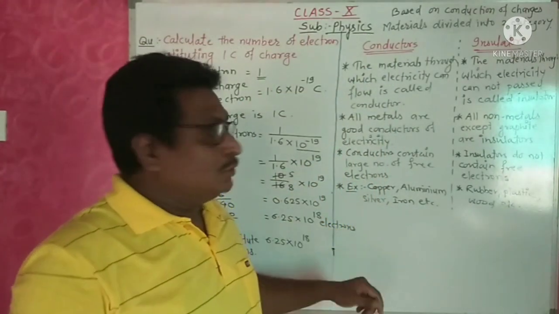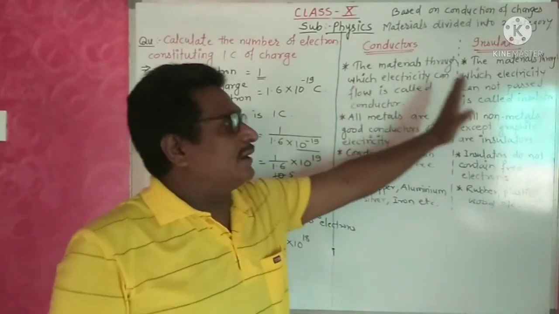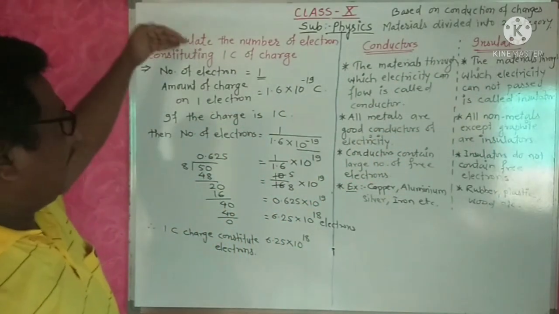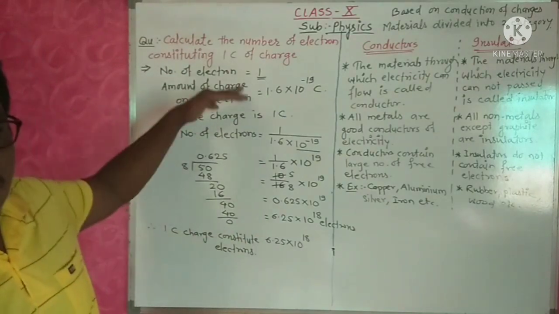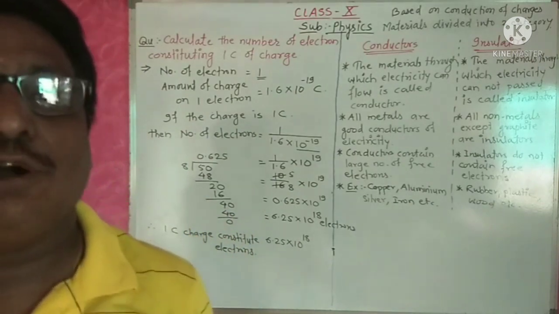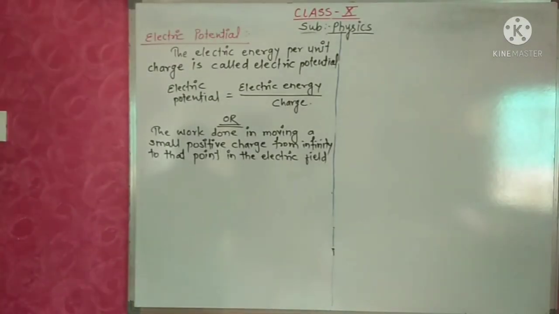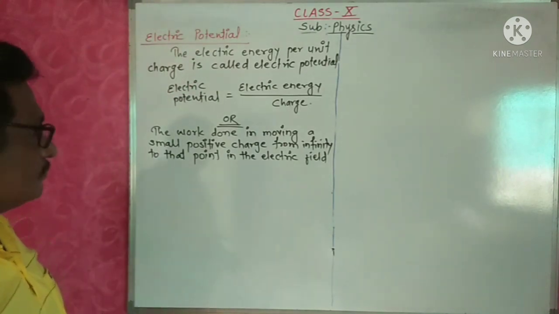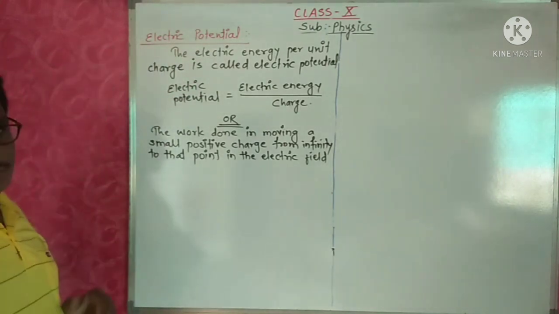Okay students? So hope you understand how to write the difference between conductors and insulators, and how to find out the number of electrons. Now we will go on to the next topic. Now the next topic is electric potential.